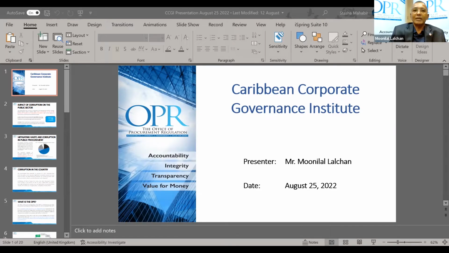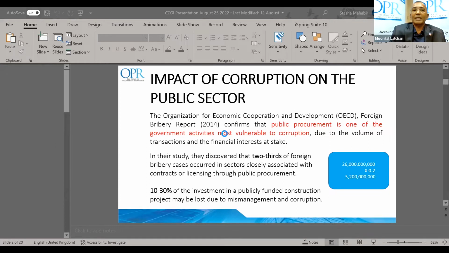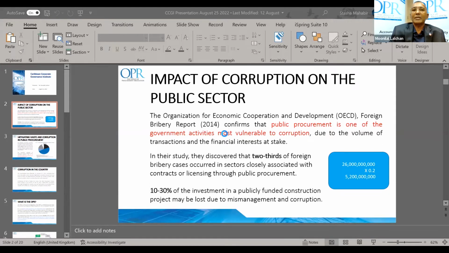And what we did is actually look at the national budget. Basically, the national budget is about 52 billion a year, and we suggested that about 50% of that is spent on procurement activities, which gives us a figure of about $26 billion.